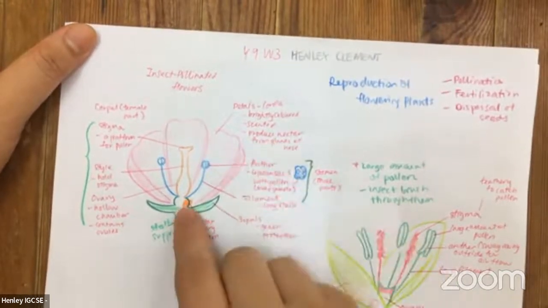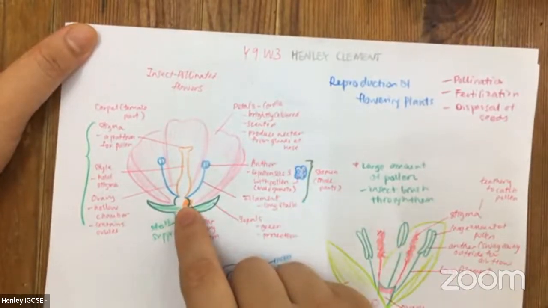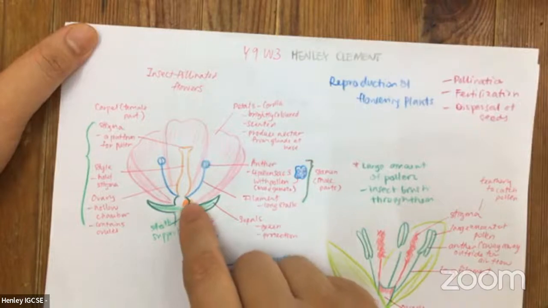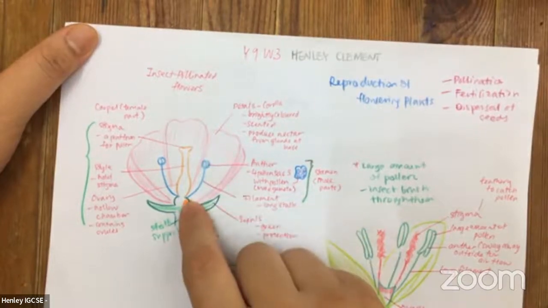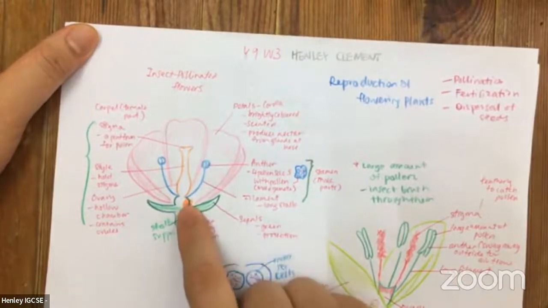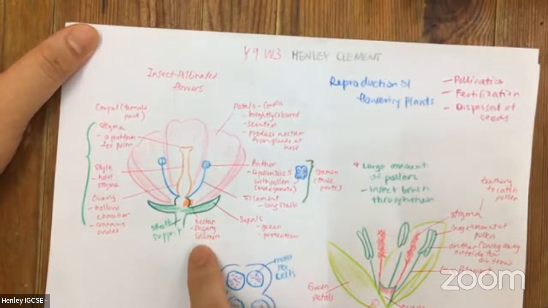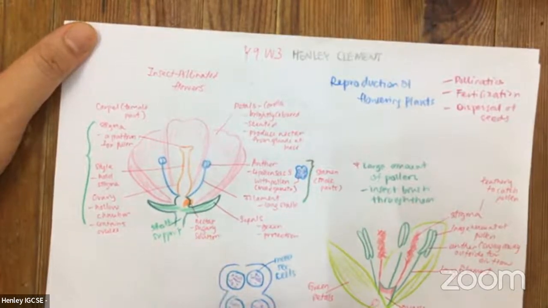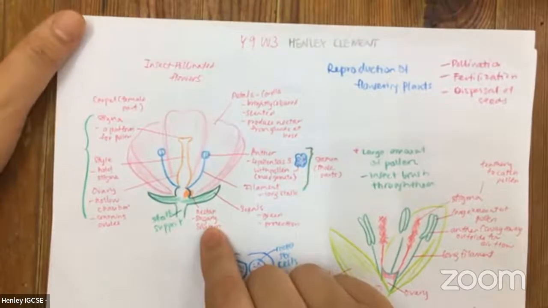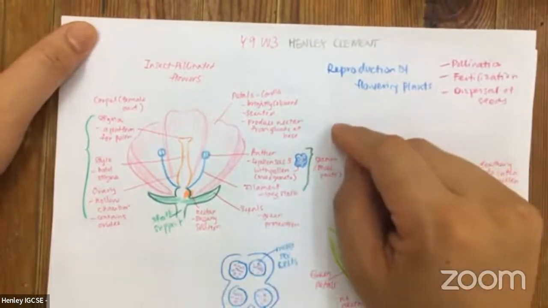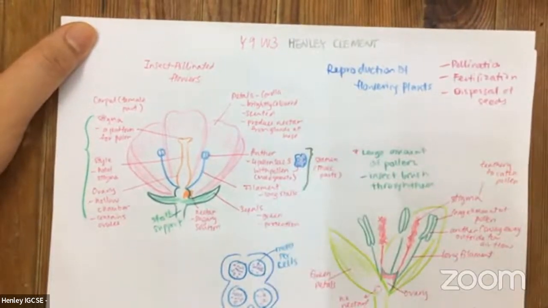There's nectar from the gland at the base of the petal near the stalk. The nectar is a sugary solution, a food for some of the insects. About 85% of insect pollinated flowers are pollinated by bees.